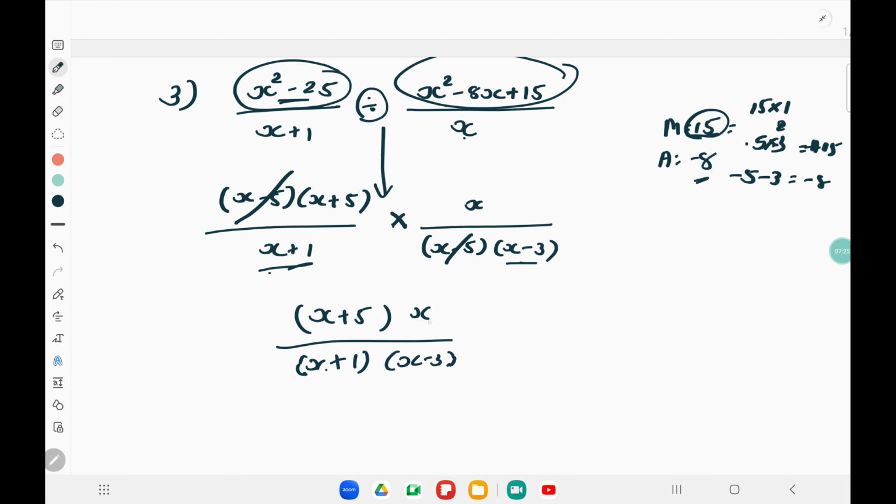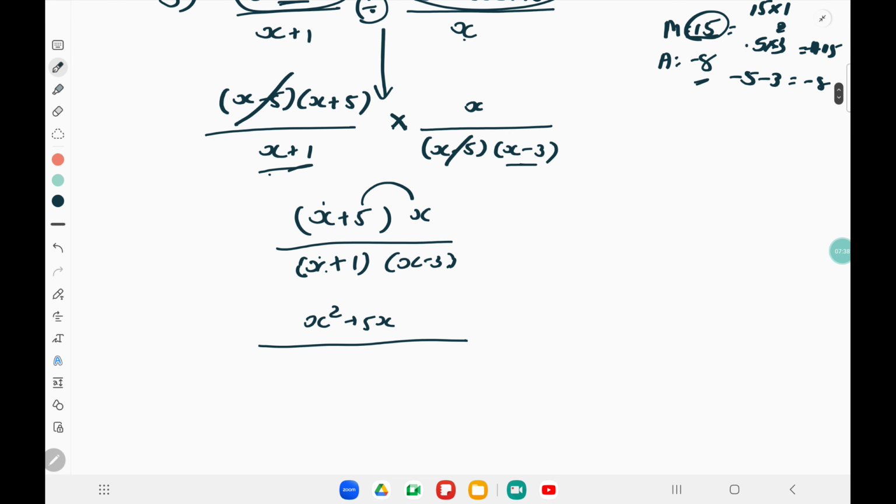Now I expand the brackets, top and bottom. So x times x, x square, x times 5, 5x, over x times x, x square, x times minus 3, minus 3x, 1 times x plus x, 1 times minus 3, minus 3.